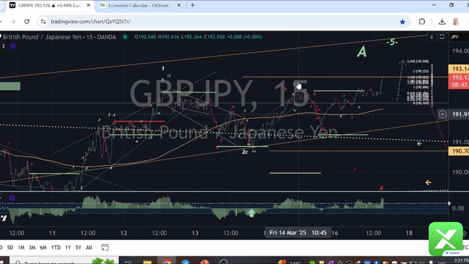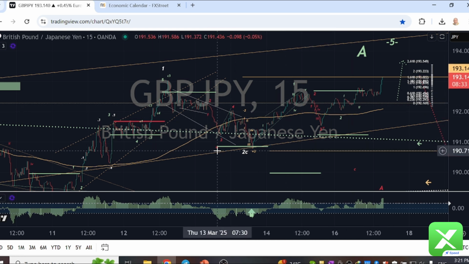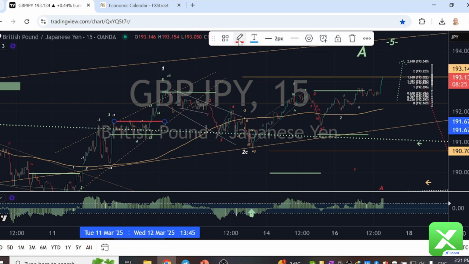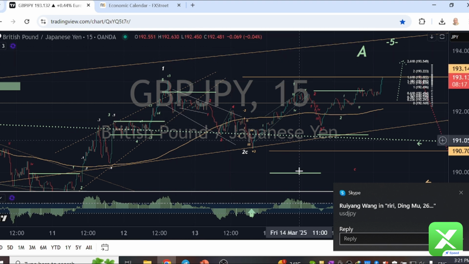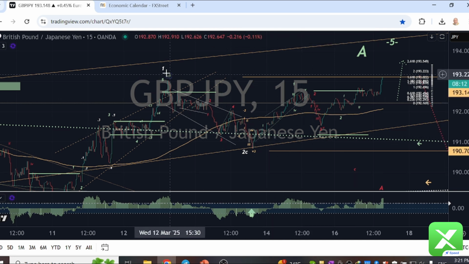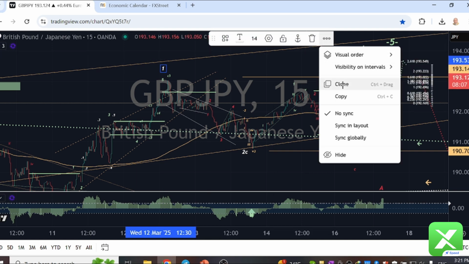So, 3 in white is going to be composed of these green labels. Let's have the 3 in white in place.